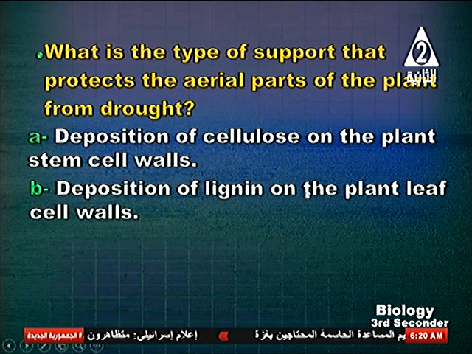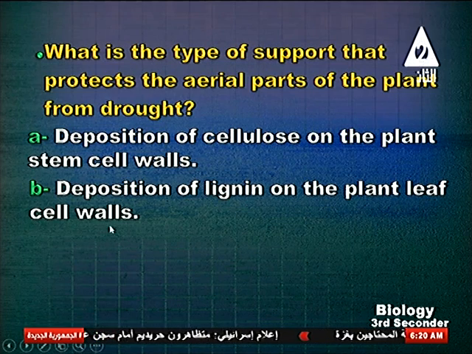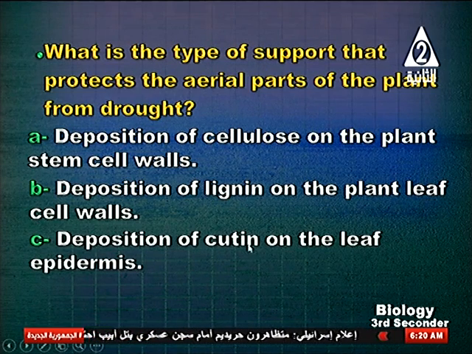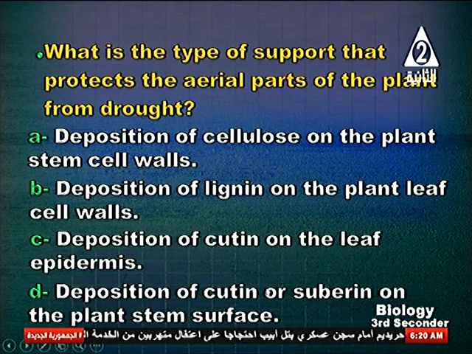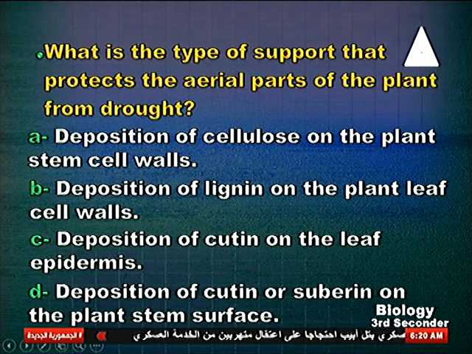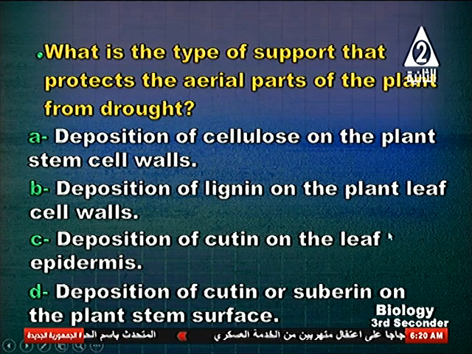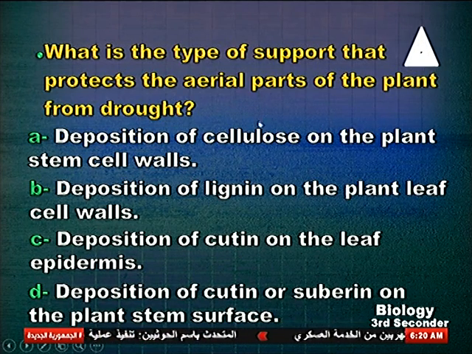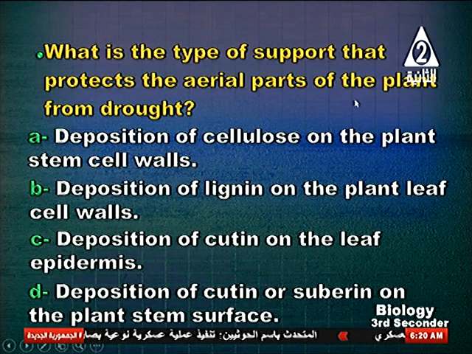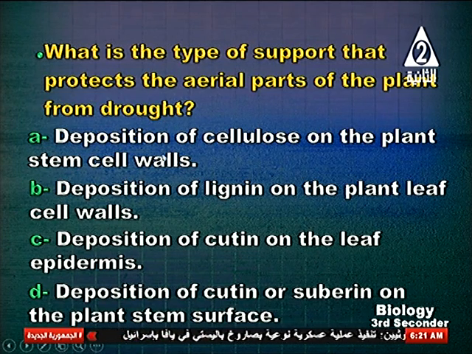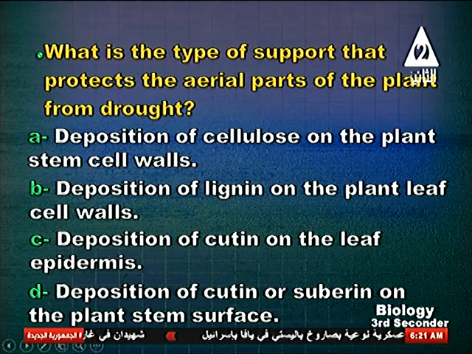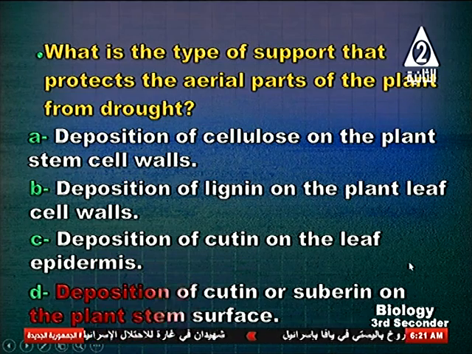A, deposition of cellulose on the plant stem cell walls. B, deposition of lignin on the plant leaf cell wall. C, deposition of cutin on the leaf epidermis. D, deposition of cutin or suberin on the plant stem surface. The answer is D, because I need to protect all aerial parts, not leaves only, not stems only. Cutin protects the leaves, suberin protects the stem of trees or woody stem.